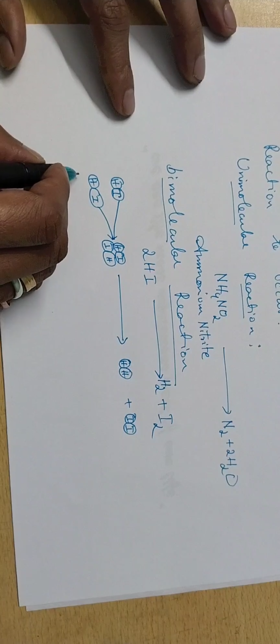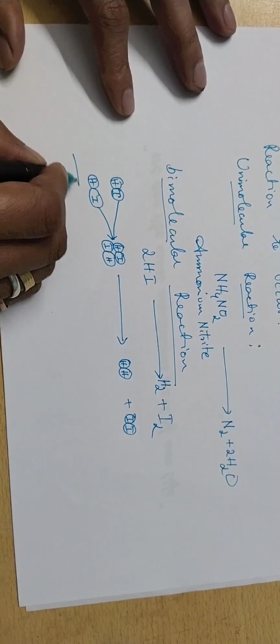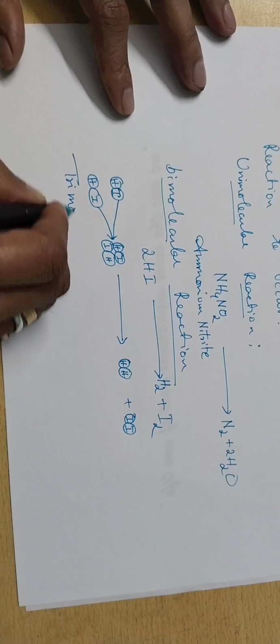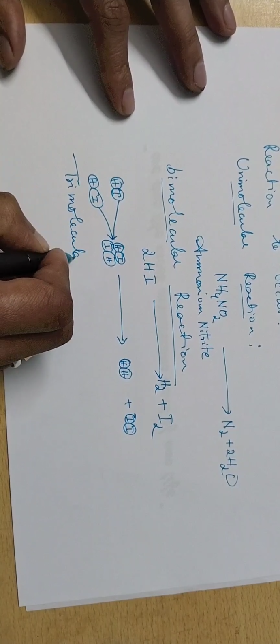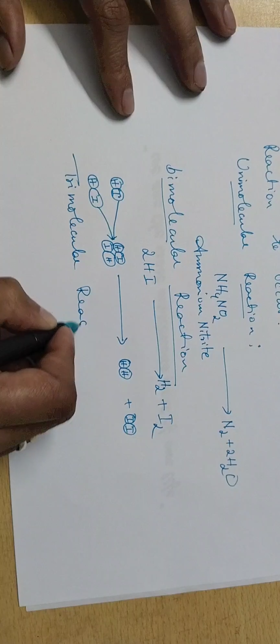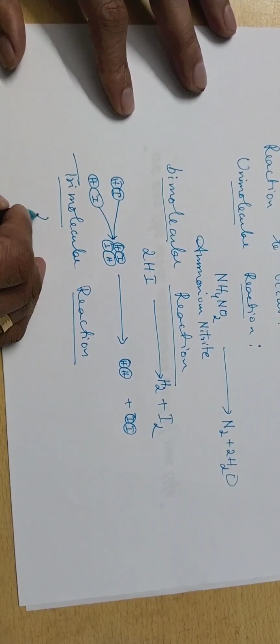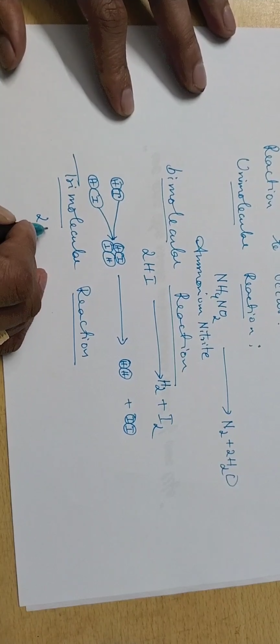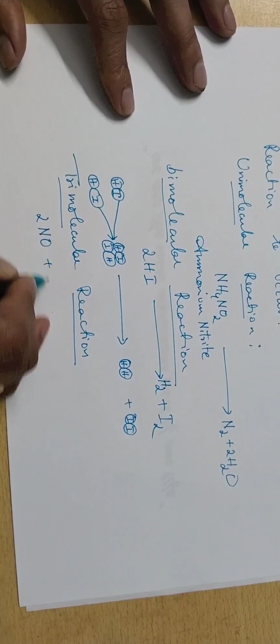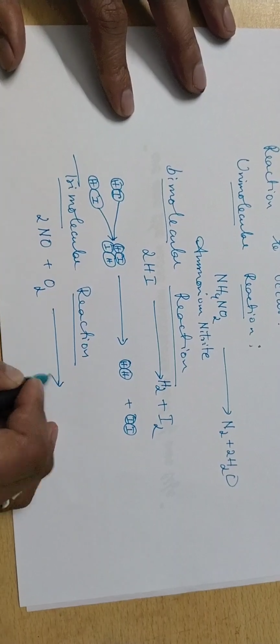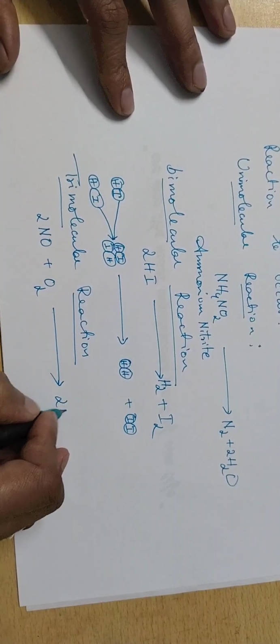Now let's look into a trimolecular reaction. The example that's given is 2NO plus O2 gives 2NO2.